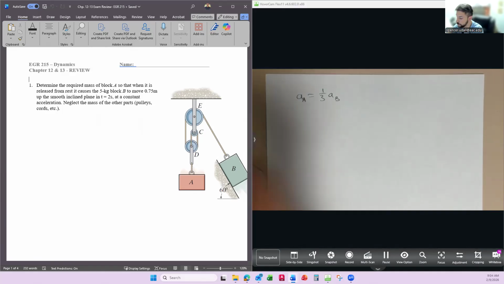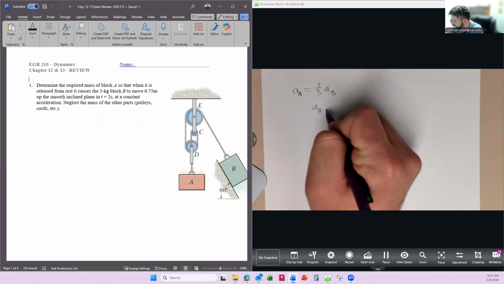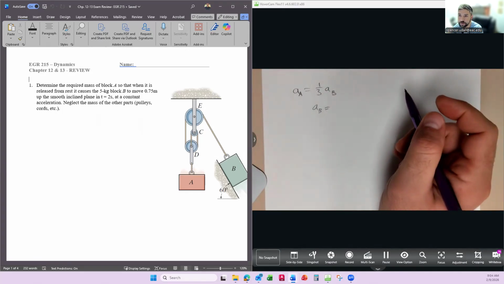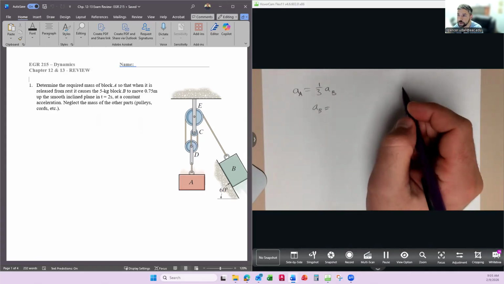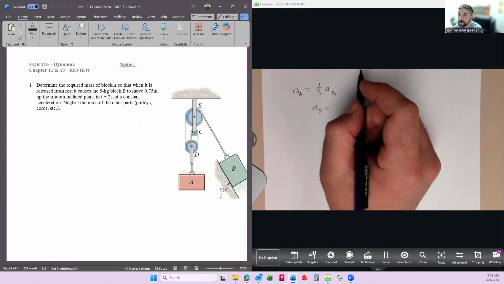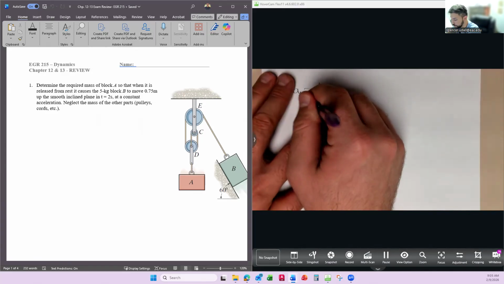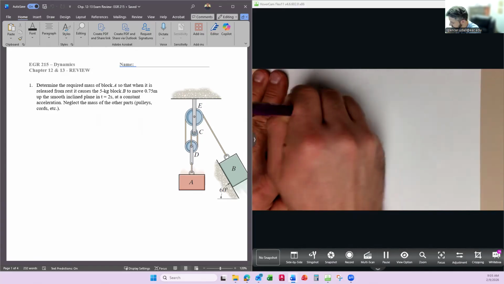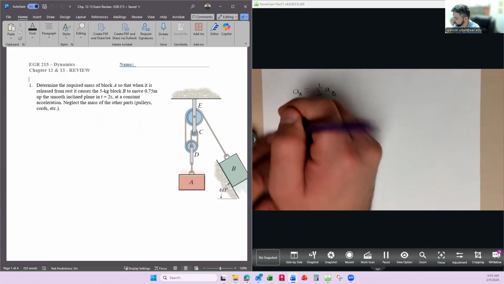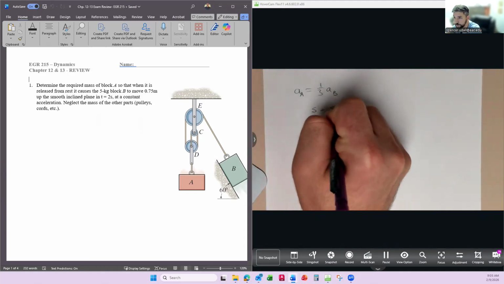How about we start with finding AB. If AB is also going to be constantly moving 0.75 meters in 2 seconds, then we can think to ourselves, what's a good equation that I could use to find that? Constant acceleration equations. We could look and find this one.